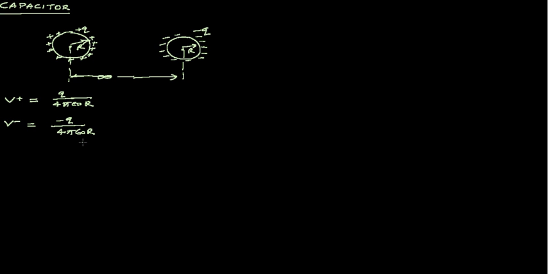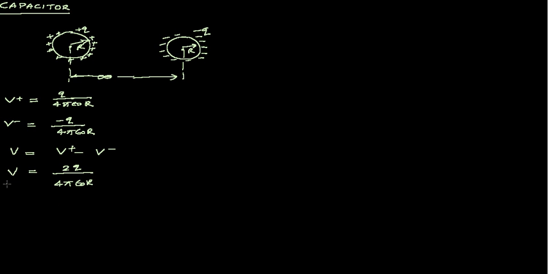The potential difference between the surface of these two spheres will be V, which will be equal to V plus minus V minus. This you will get Q minus minus Q, so it will be 2Q, and you have a common denominator, 2 pi epsilon naught r.